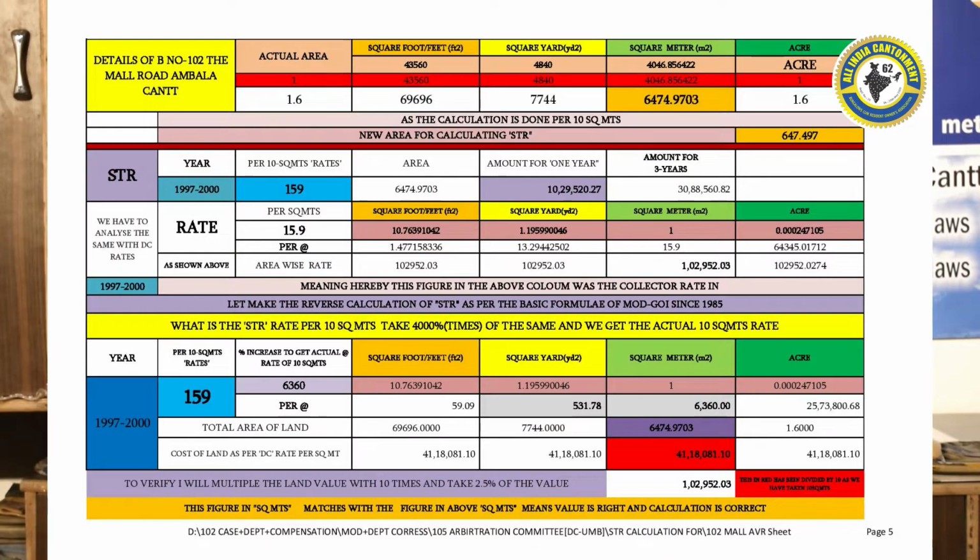Now this is when, in the year 94, 97. Now similarly I go to 1997 to 2000, because every 3 years this STR is to be calculated. The jump is 159 now. My rental per annum goes to 1,29,100. So approximately what is the monthly I am paying? Everybody can calculate that.